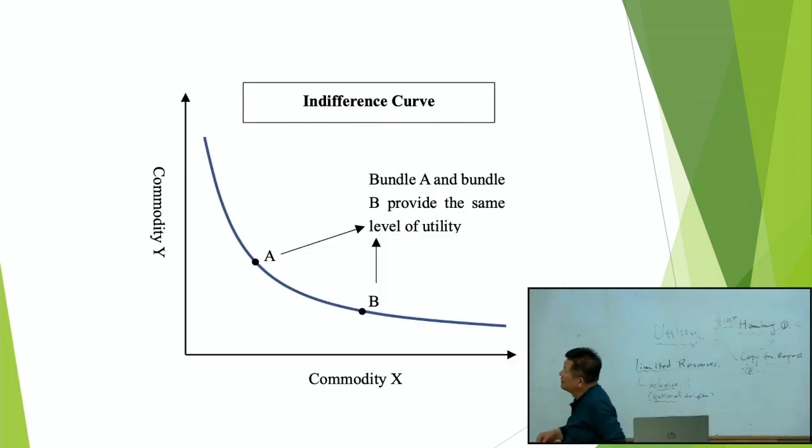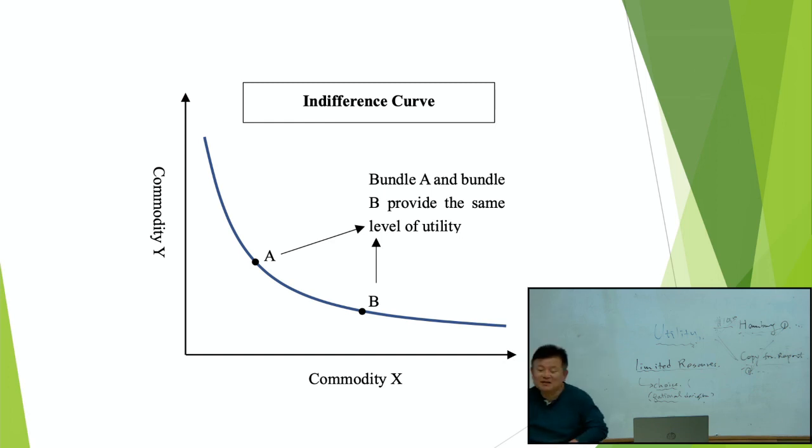This is the indifference curve. Point A, the y-axis means commodity Y, and the x-axis means commodity X. So bundle A and bundle B provide the same level of utility.